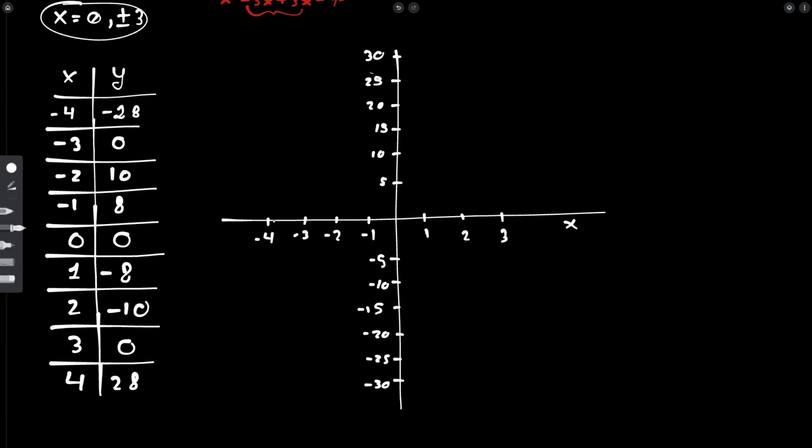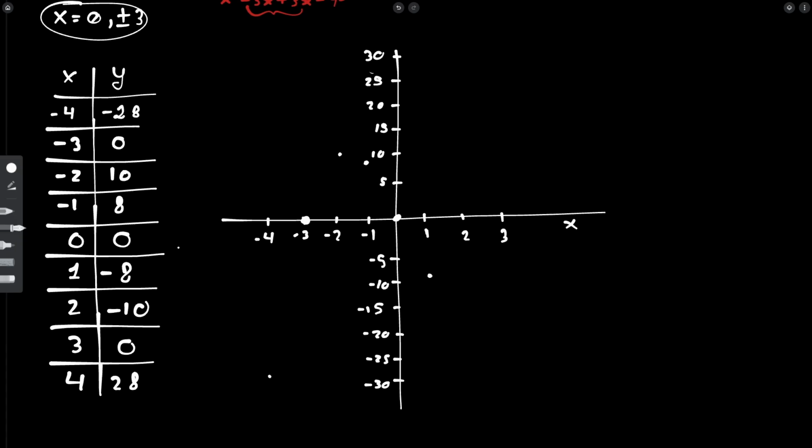All right. So we have -4, comma, -28. So that's right about there. 3, 0, that's our roots. -2, 10, that's right there. -1, 8, that's right there. 0, 0, 1, -8, that's right about there.